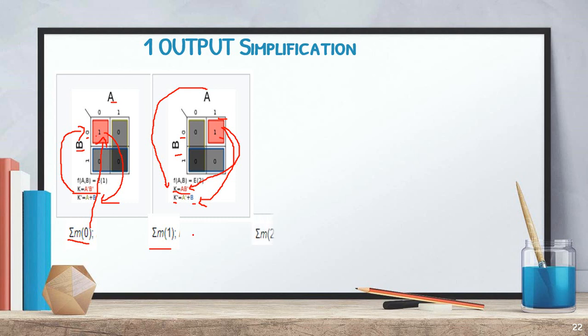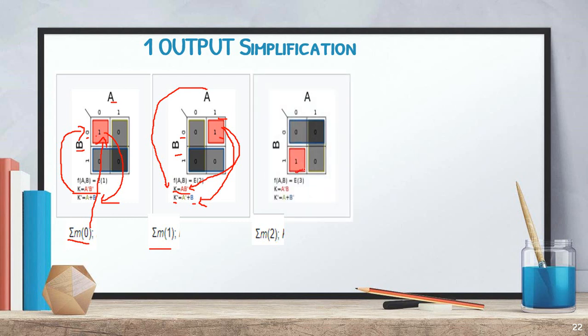This is how we represent it in POS. A similar example: if you take summation of m 2, wherever 2 is, that is this point 2, there we put 1. All other portions are 0. If you form this equation, here B is 1 and A is 0, so A bar B. This is the SOP form we got from this group.